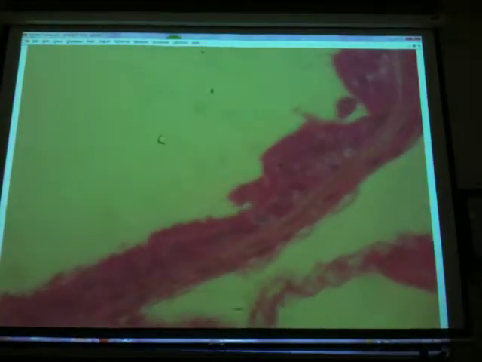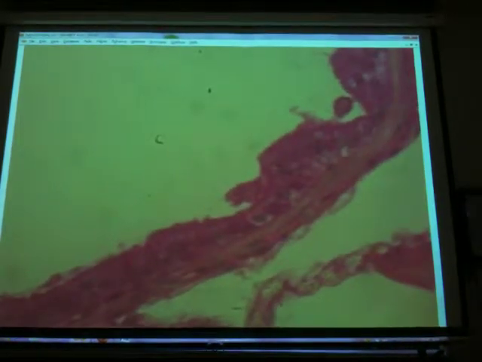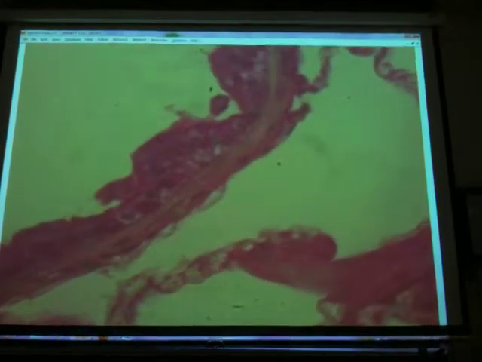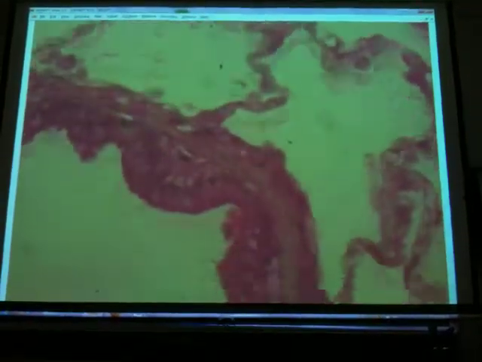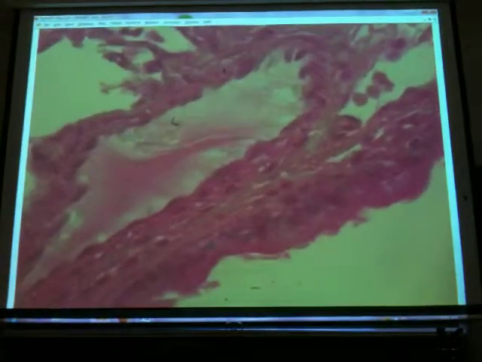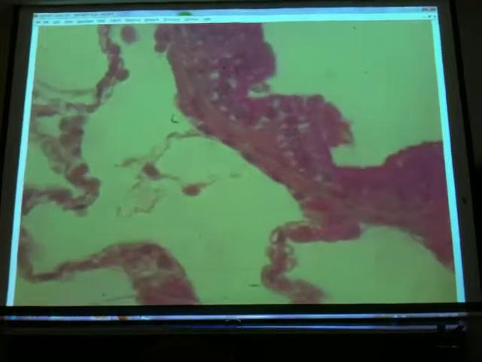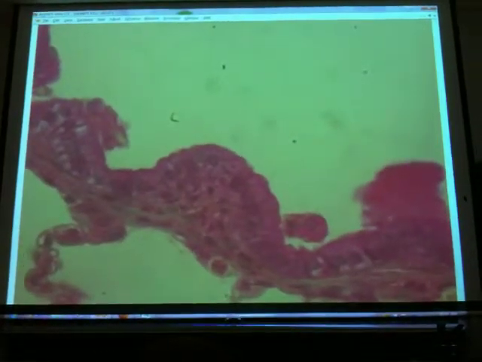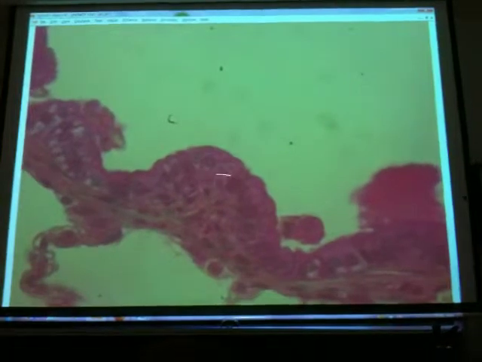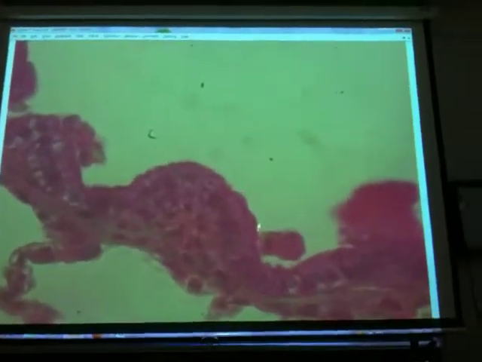And at high power, you look around the wall and see if you can find any cartilage. And the cartilage is very obvious when it's present. No cartilage, and still the tumbled appearance of the pseudostratified ciliated columnar epithelium, although we are starting to lose cilia.